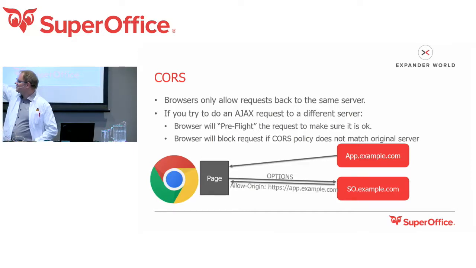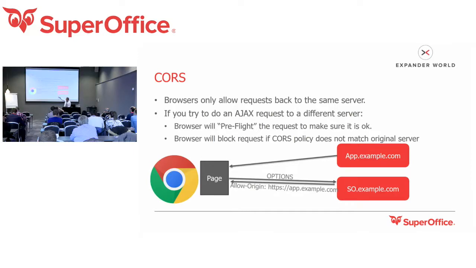As long as the page came from a place which is on the allow origin list of URLs, then the call is allowed. If it's not there, then the browser will block it and say, no, you cannot. And there's a special star, which basically means allow everything. So, since we're allowed, then the actual call goes through.